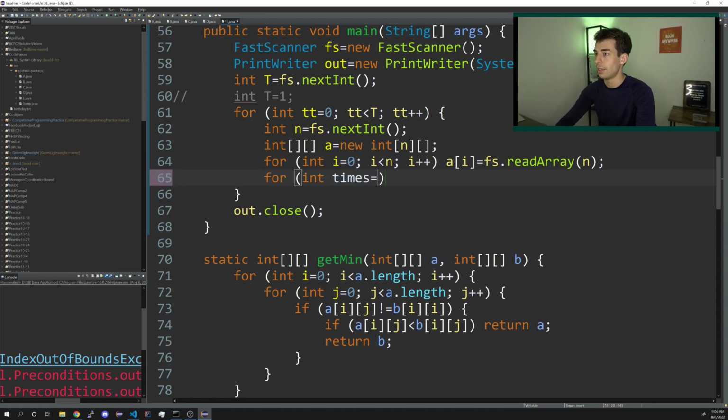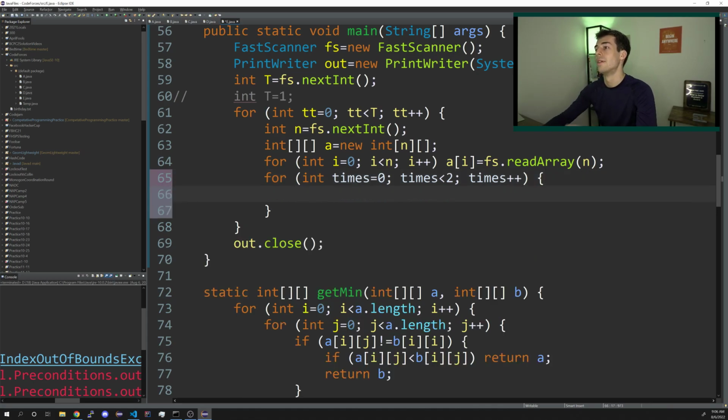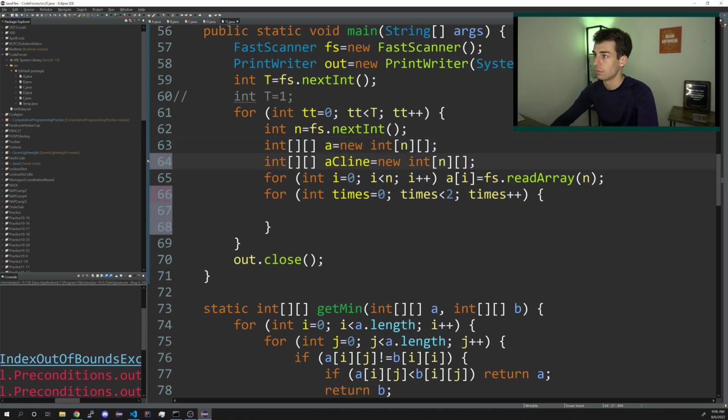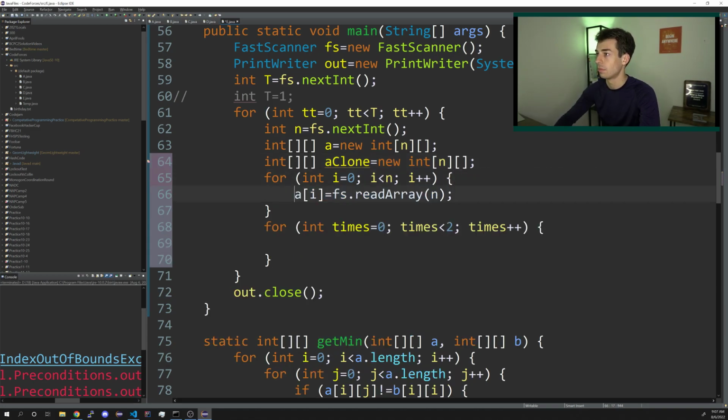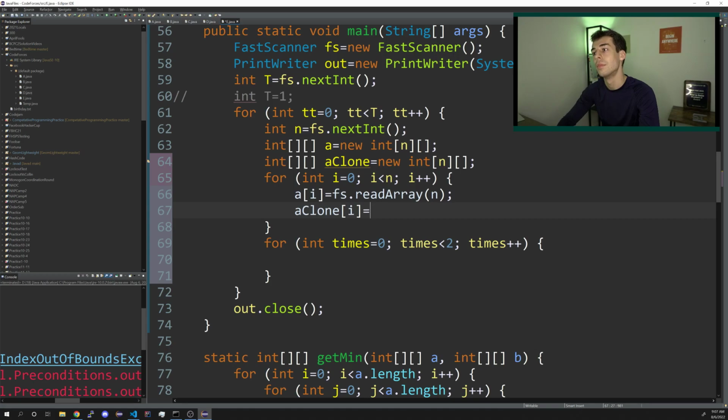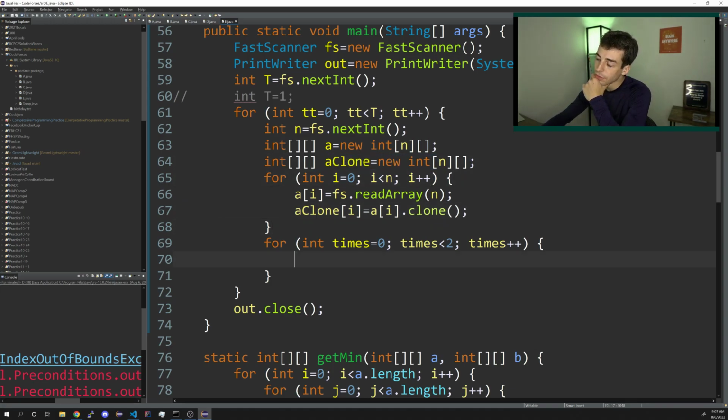Okay, then for int times equals 0, times less than 2. Cool. Yeah, so we have a and then the clone of it.